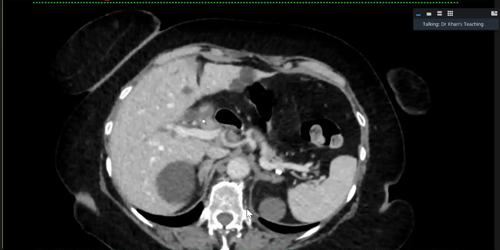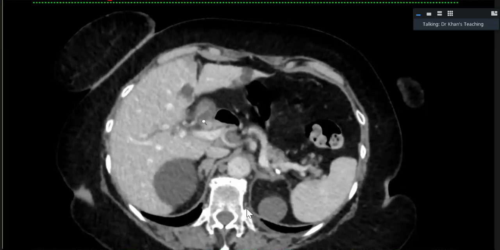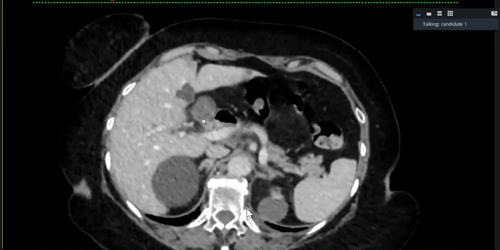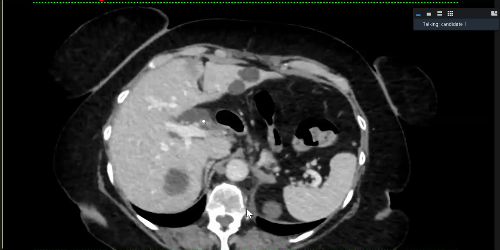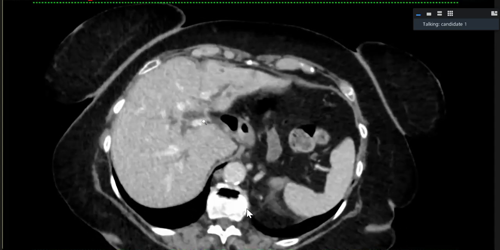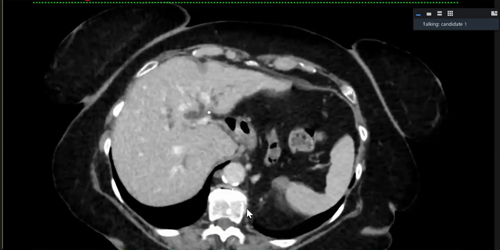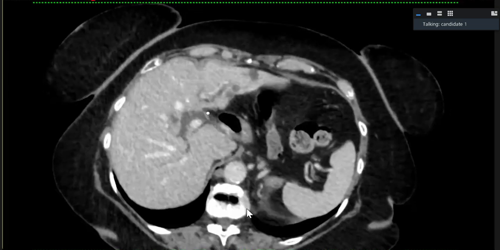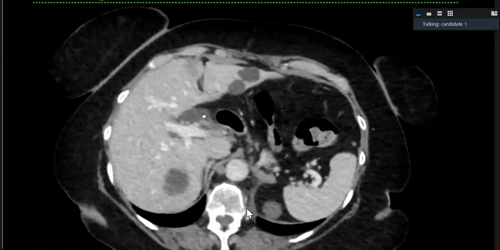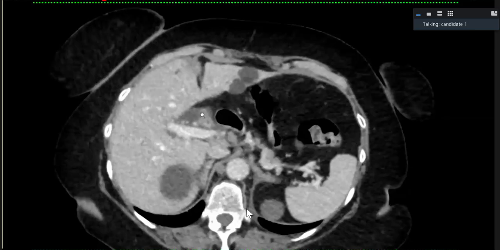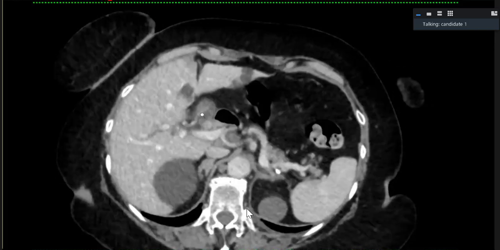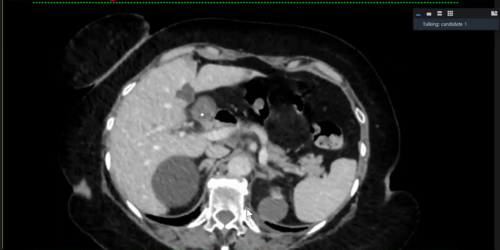Trace the CBD for me. This should be the confluence, the right, and then this should be the common hepatic duct. Here the cystic duct appears, so together with the hepatic duct it forms this part.